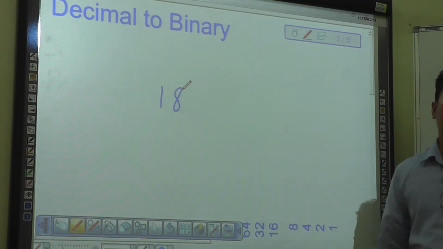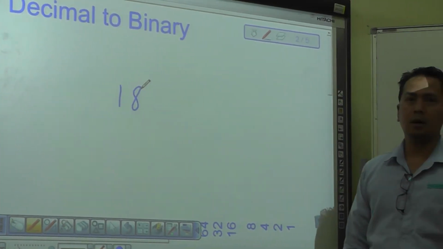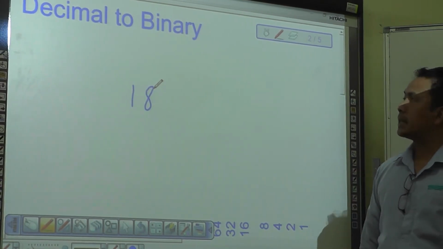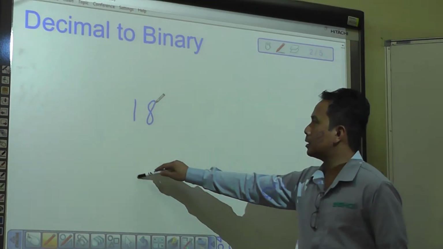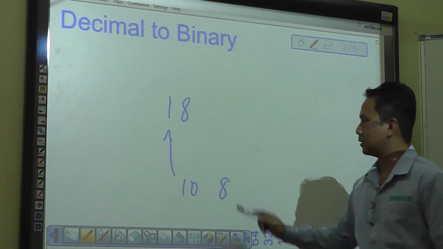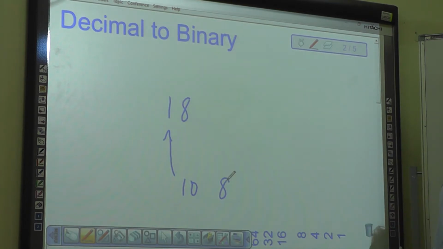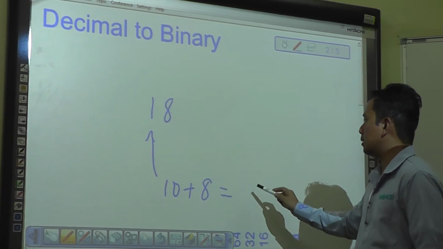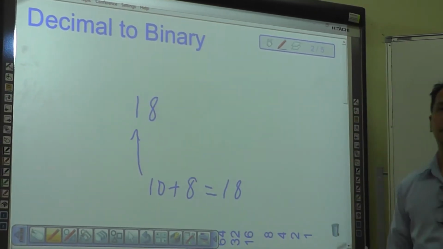The number 18 is composed of 1 and 8. That means the decimal number is composed of 10 and 8. So this becomes 10 plus 8 is equal to 18.